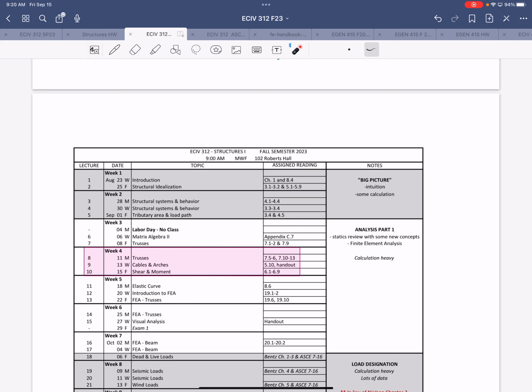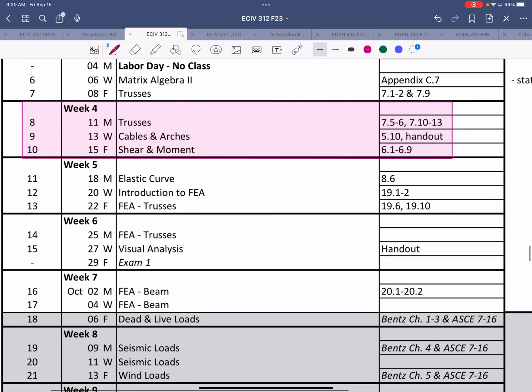Elastic curve. I can note that down here. So lectures 1 through 11 on exam 1. And then I'll have a review sheet for you that will list the topics and things like that, logistics and whatnot.